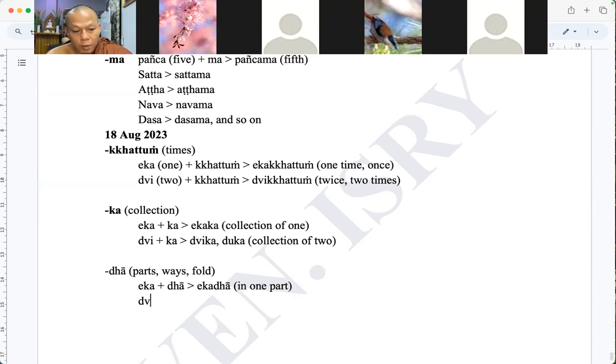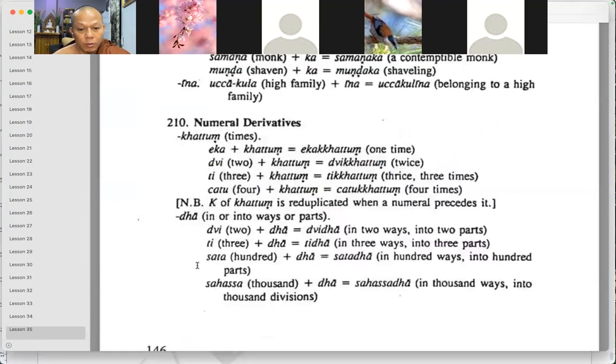But for the dvi, when the dha is added, we have dvidha, or maybe the other one is dvedha. So we have twofold, in two parts, in this way.